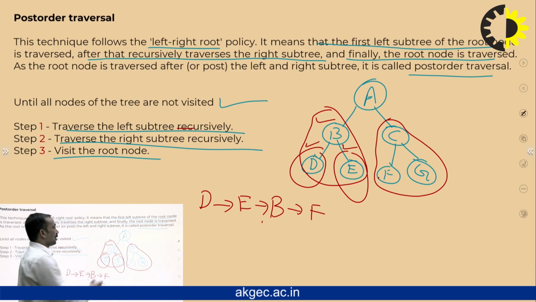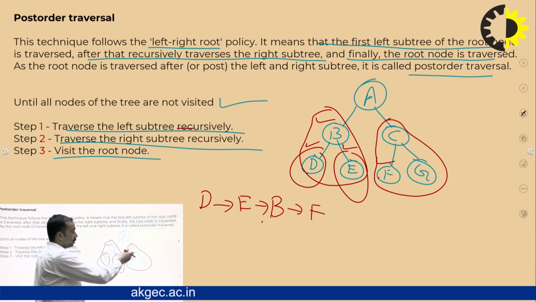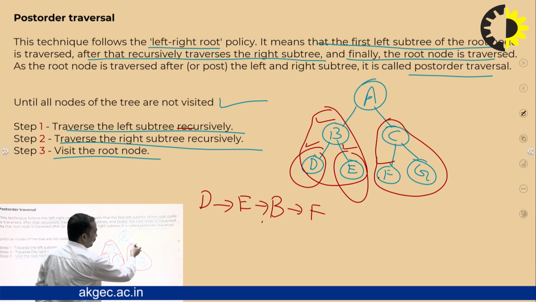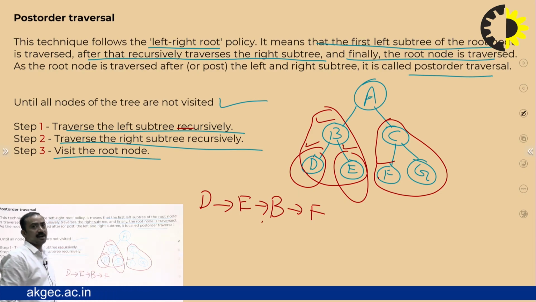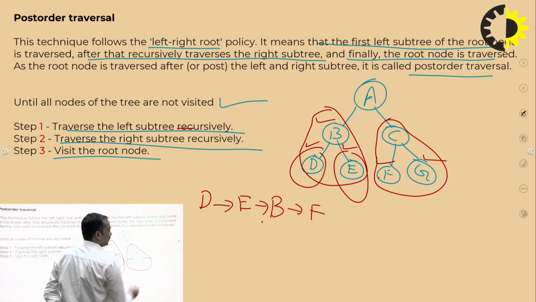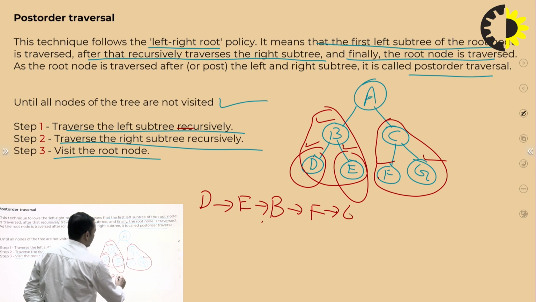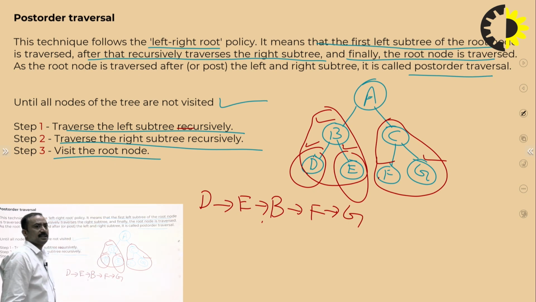Now move back to the parent of F. Check for the right subtree. Is there a right subtree of C? Yes, there is a right subtree of C, called G. So now we visit G because G doesn't have any left or right subtree.